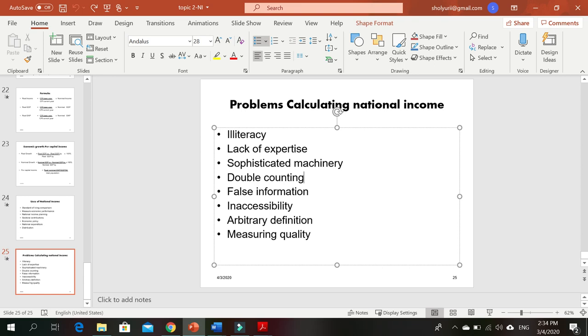Ramai orang tak nak bayar cukai. Lagi tinggi dia letak pendapatan dia, lagi tinggi dia bayar cukai. So bila ramai yang provide false information like this, dia tak accurate lah pendapatan yang kita dapat.